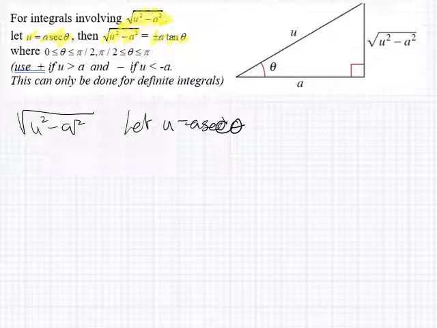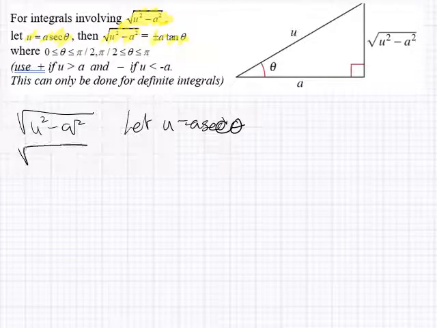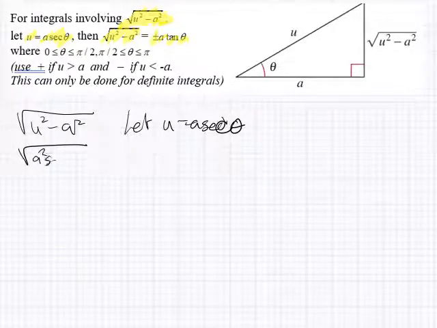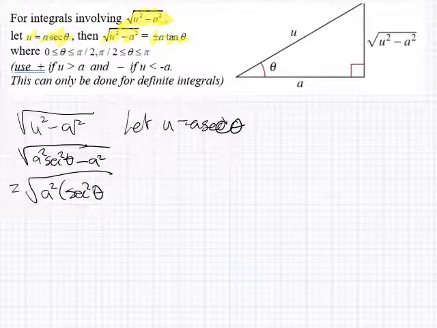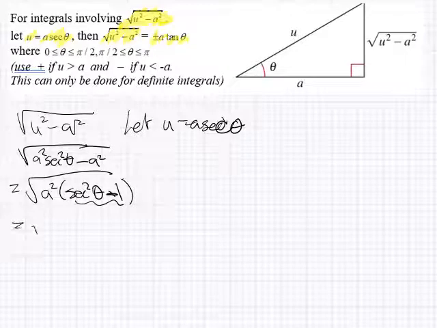But if we let u equal a secant theta, what happens is that the square root becomes a squared secant squared theta minus a squared. Factor out an a squared. Secant squared theta minus 1. The Pythagorean identity for this says that that's equal to tan squared.